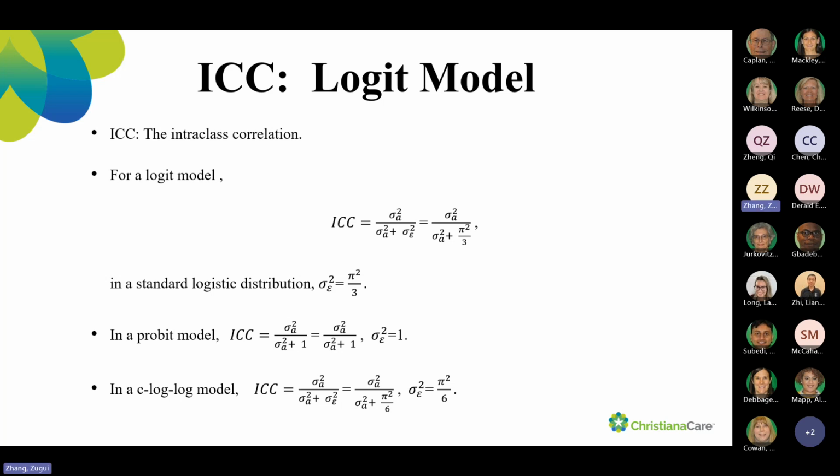Here, for the logit model, the ICC is related to the individual and the overall variance for the first level and the second level, and also to a constant number in mathematics, pi, which is 3.14. This is for the logit model.